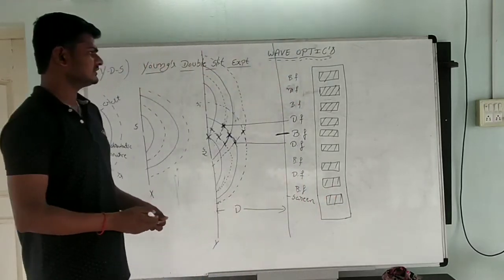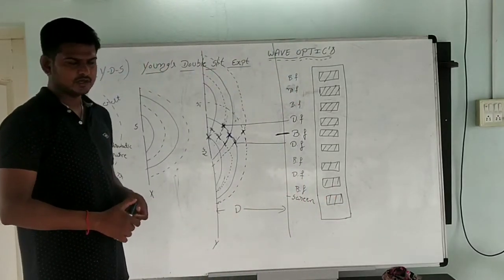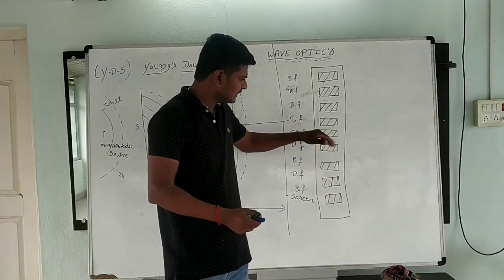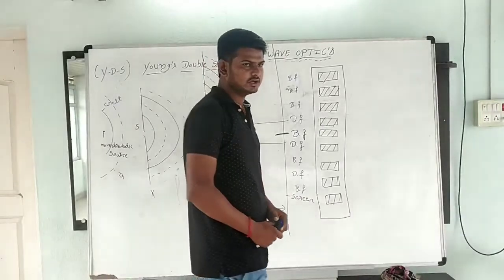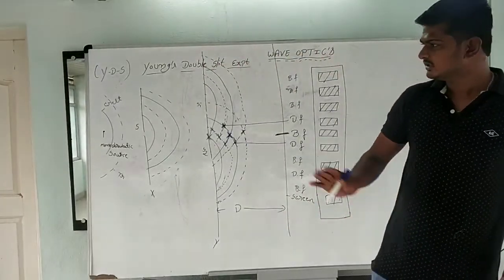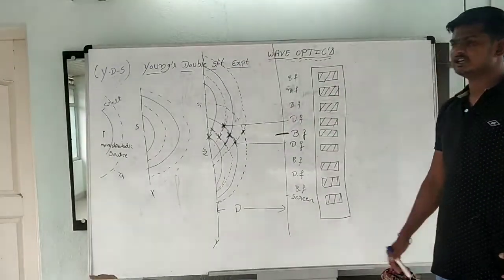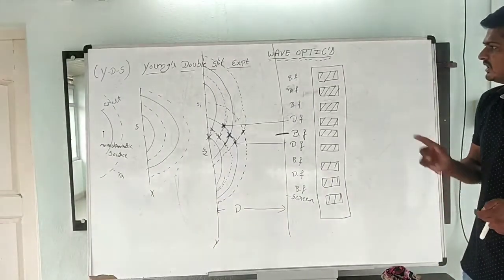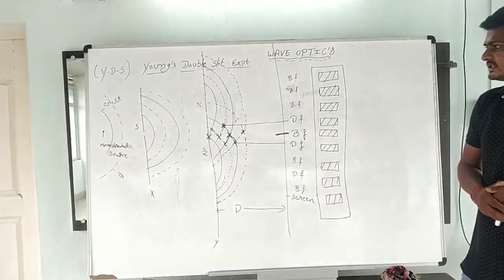Like this, on the screen we will get alternate bright and dark fringes. These boxes represent dark fringes, and the empty space represents bright fringes. This was experimentally demonstrated by Thomas Young. This is Young's double slit experiment, or YDS experiment.